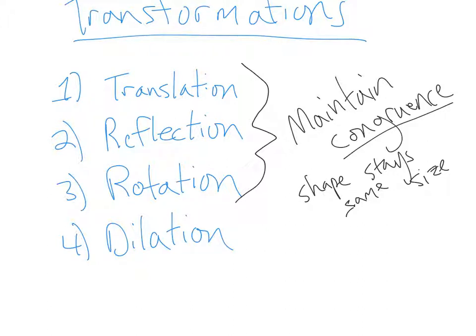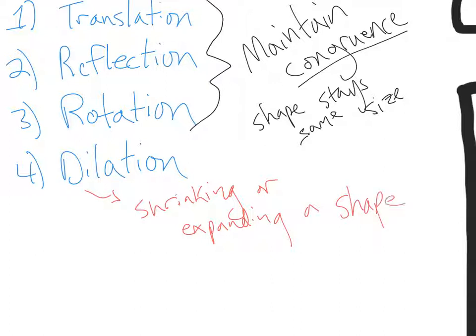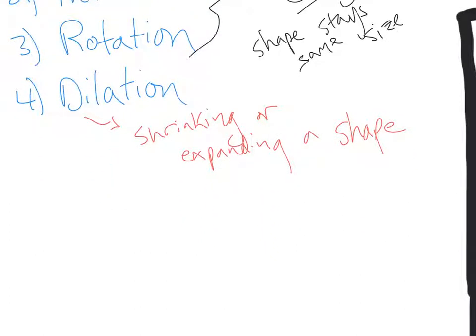Now with a dilation, remember we were either shrinking or expanding a shape. So, something like this happened. We had a scalar factor, took a shape, and then we expanded it, and it looked like this.